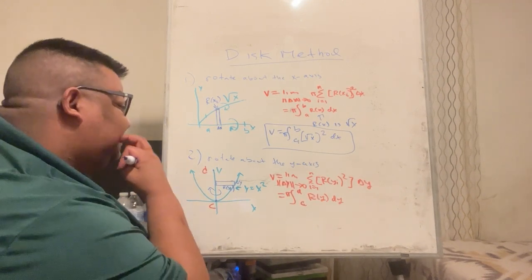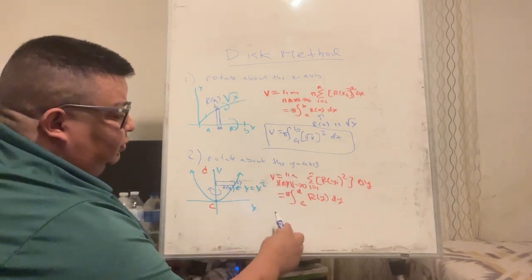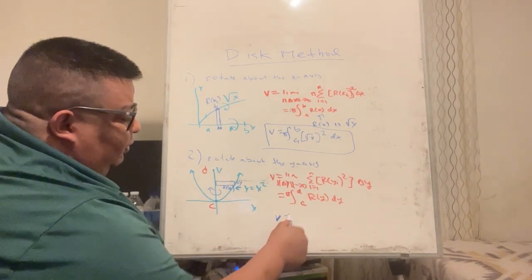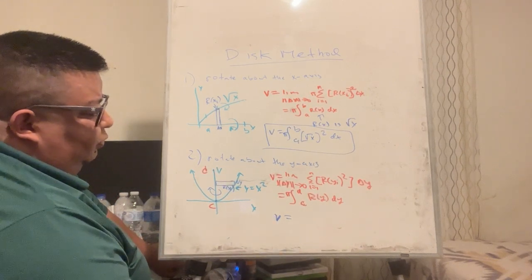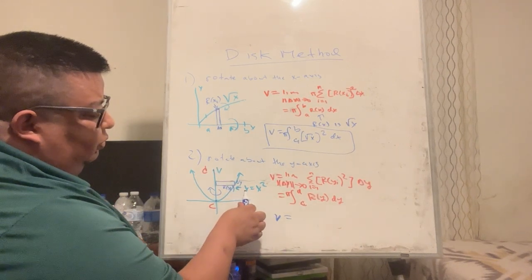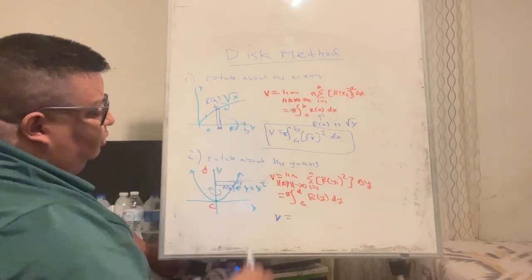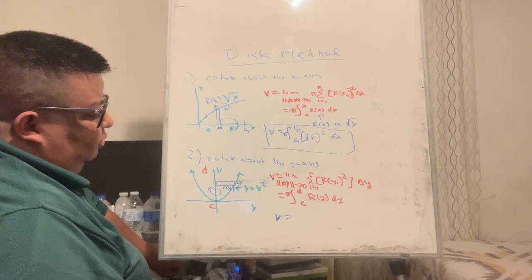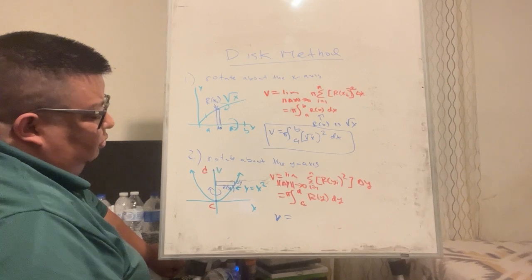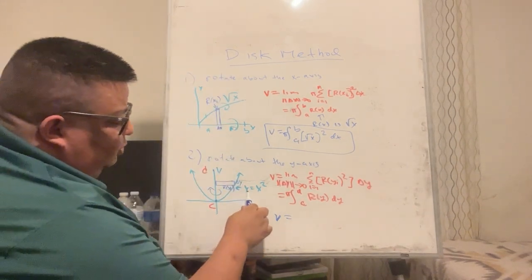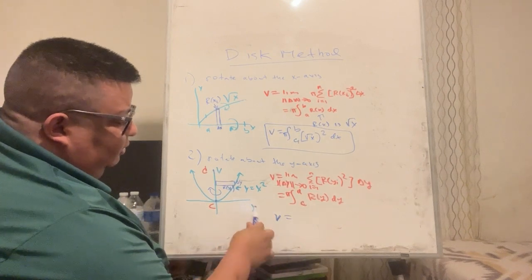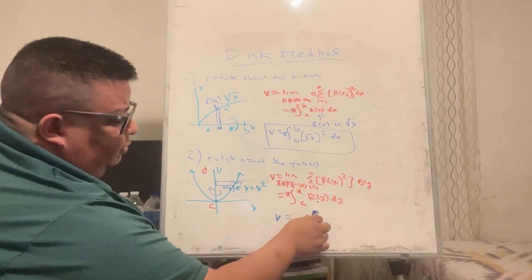So for this case, we do the same thing. We need to switch y and x first to find a function in terms of y.